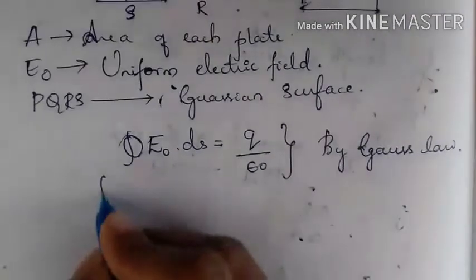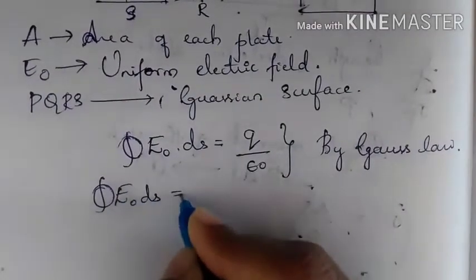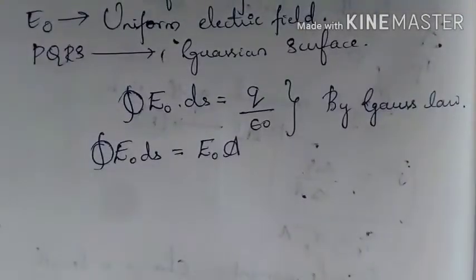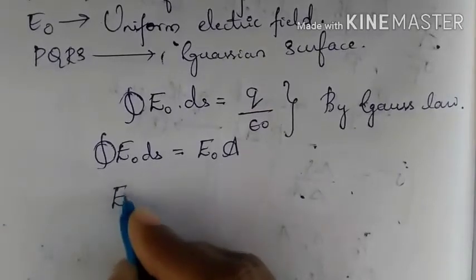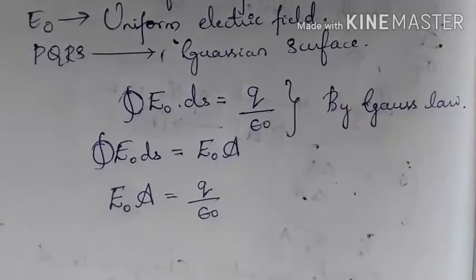So I can write, so this integration E naught ds is equal to E naught A, because here we have area A. So from these two equations I can write E naught A is equal to Q by epsilon naught.